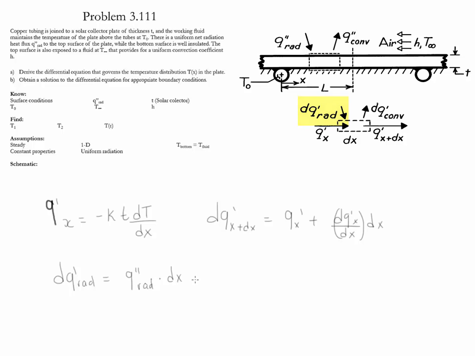Therefore, since it's a constant, it is simply that value times dx. If we do the same process for the convection, we simply said that it is the value of the flux due to convection times the distance dx. We define the flux due to convection to be h, times T at the position we're looking for minus T infinity. And then once again we multiply it by dx to get Q prime.